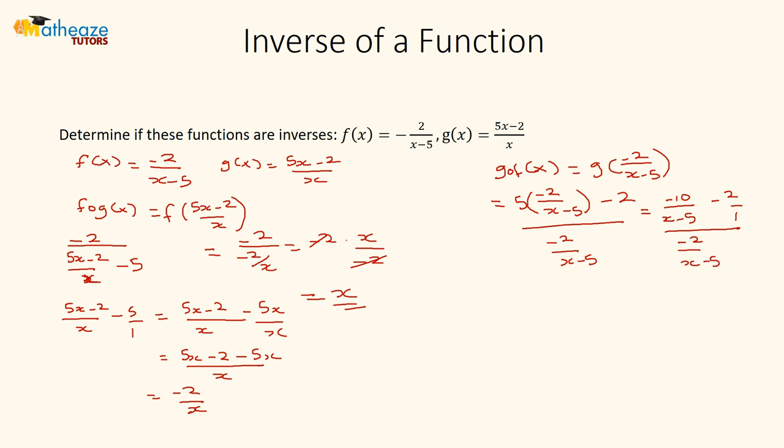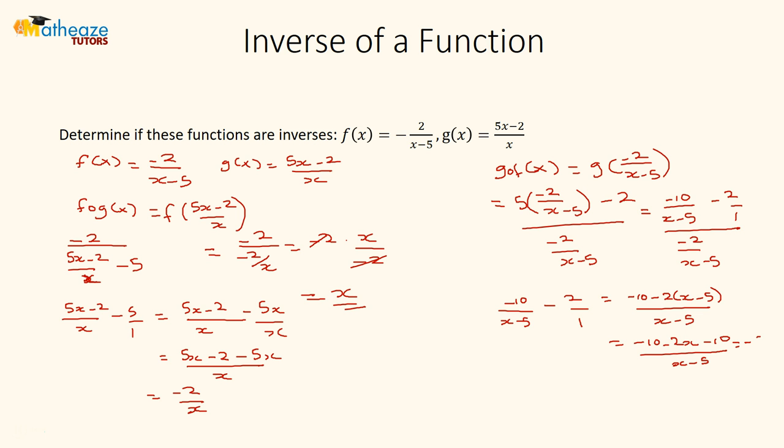Let's simplify the numerator. So we have negative 10 over x minus 5 minus 2 over 1, which is going to be negative 10 minus 2 times x minus 5 over x minus 5. So this is negative 10 minus 2x plus 10 over x minus 5.